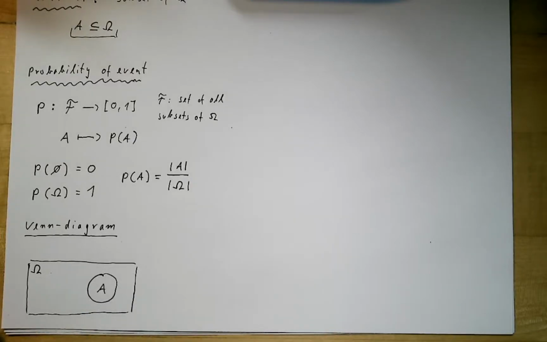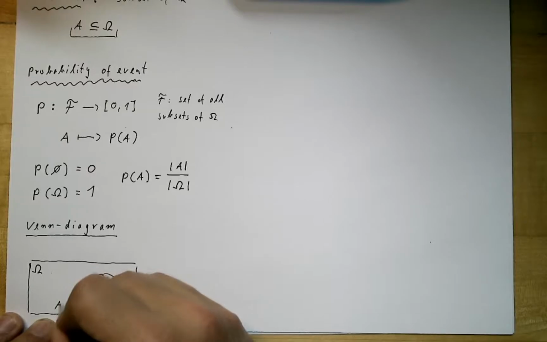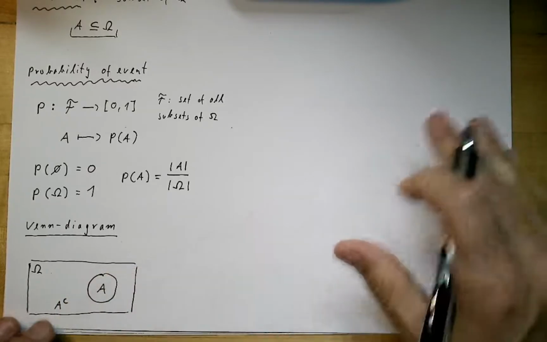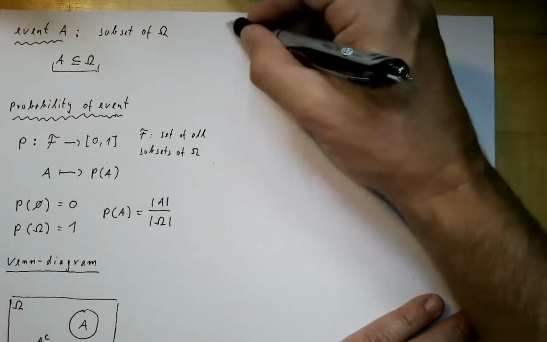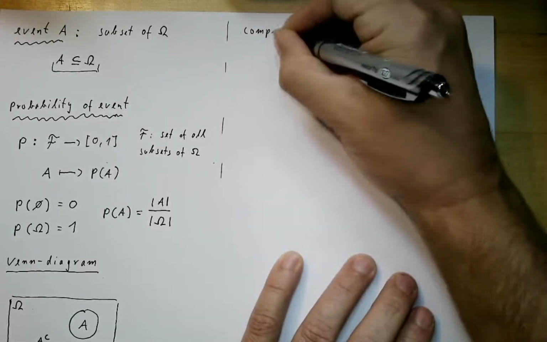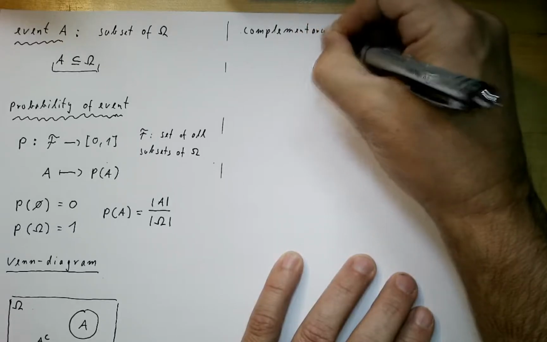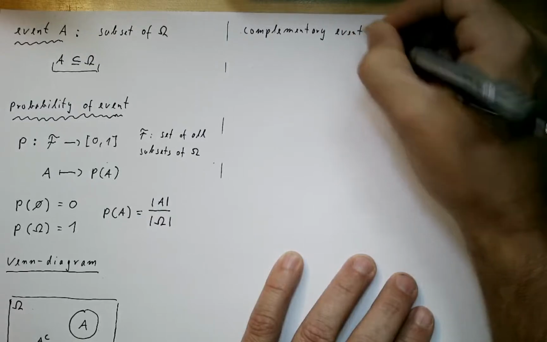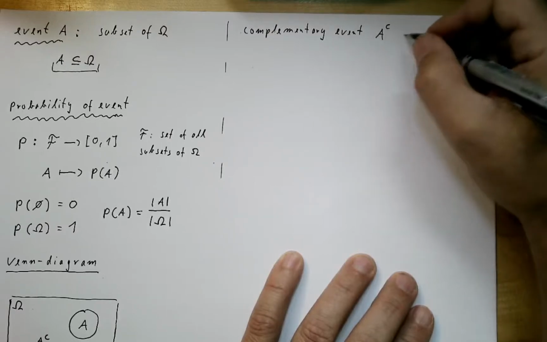And now we can do all kinds of operations with sets. For example, we can look at the complementary event, typically called A^C, A complementary.